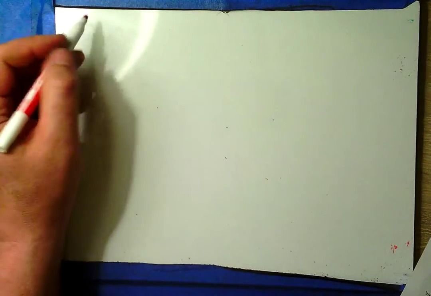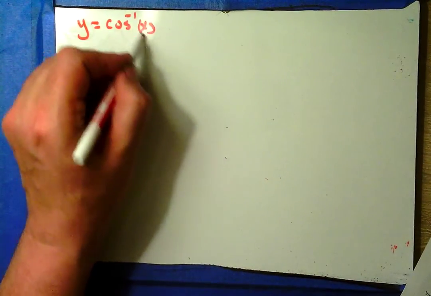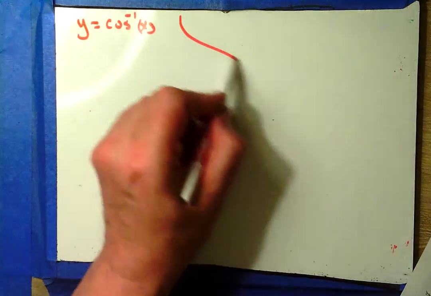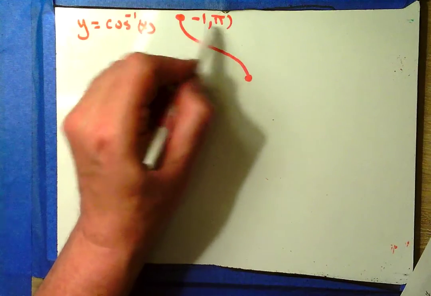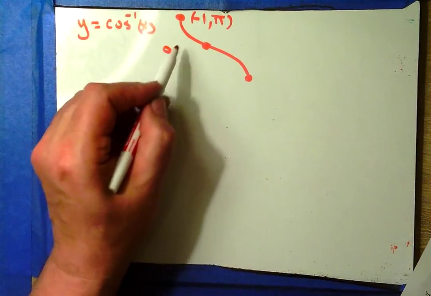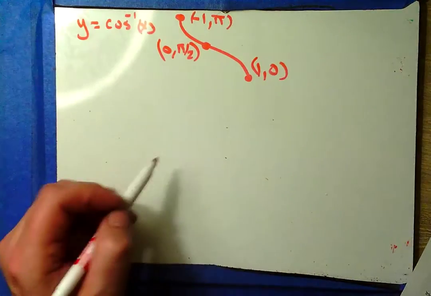Now we've got arccosine, or inverse cosine. Remember, our reference graph for this looks like this: (negative 1, pi), (0, pi over 2), and (1, 0).